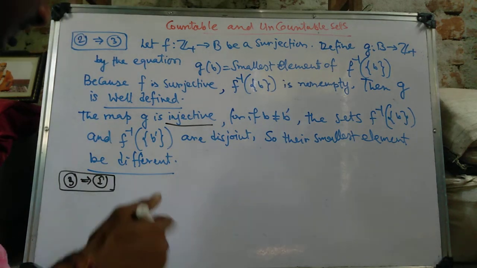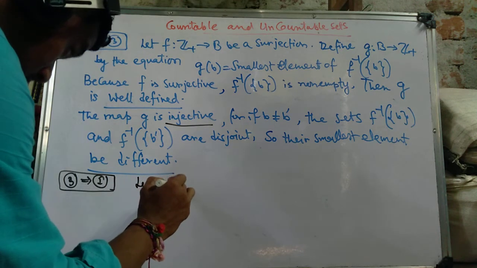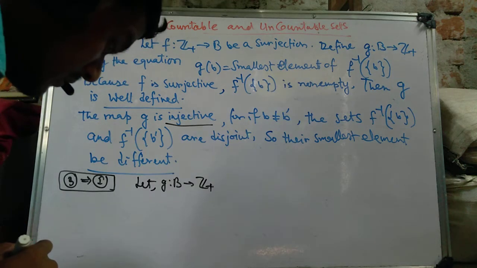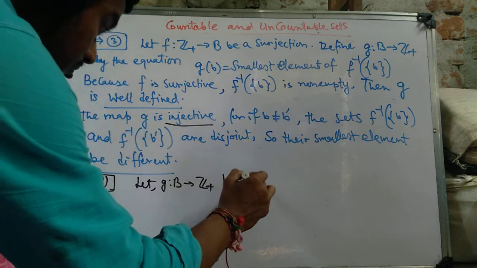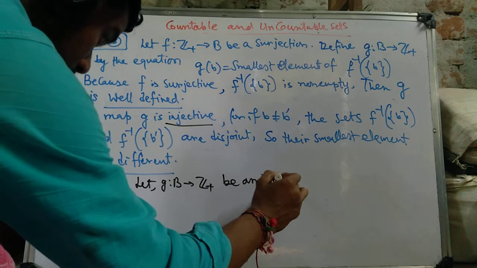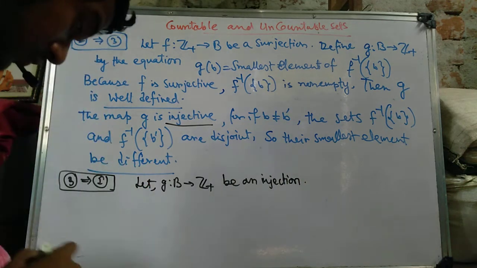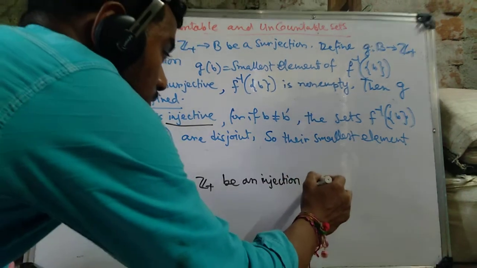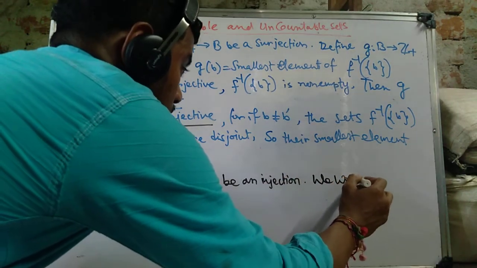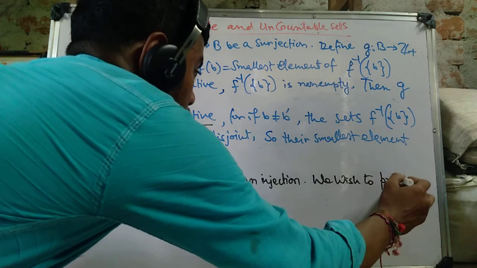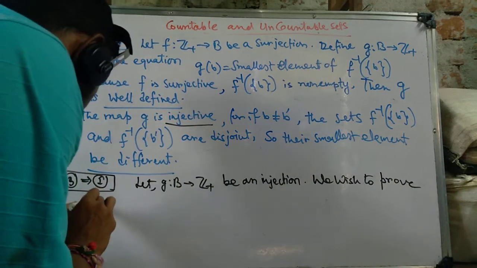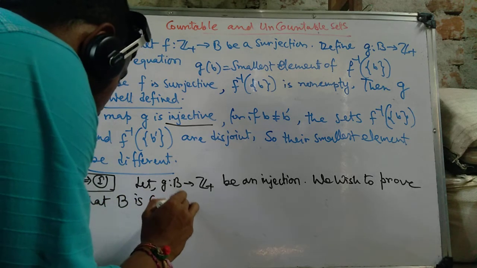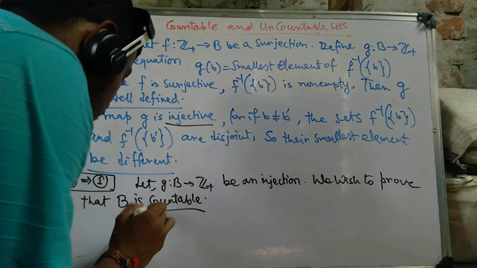Next, let g: B → Z⁺ be an injection. We wish to prove that B is countable.